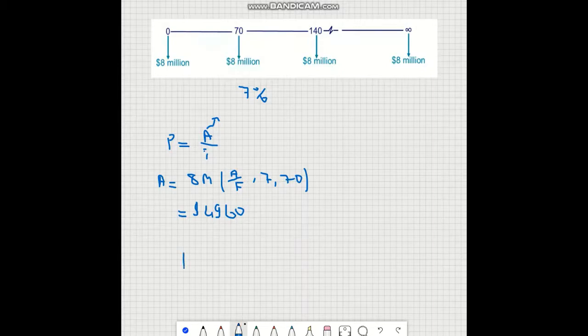Then for the capitalized cost, we first pay 8 million plus every year 4,960 over, because we found i is 0.07, we are going to divide by 0.07.